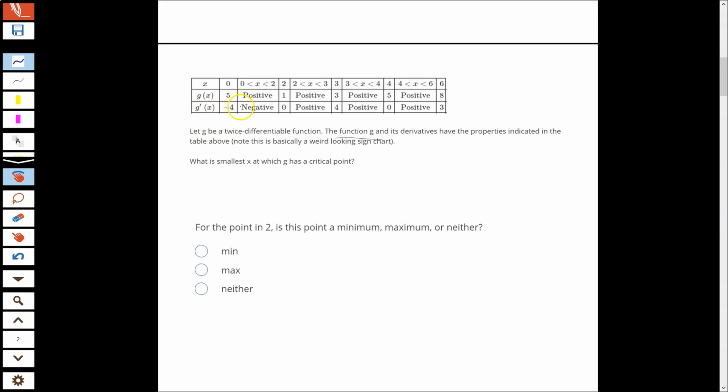And as I go left to right, the x's are up here. G prime is what I'm looking at, and that would be here. So that would be x equals 2. For the point in this one, is this a minimum or a maximum or neither? Well, the derivative goes from negative to positive, so that is a minimum.